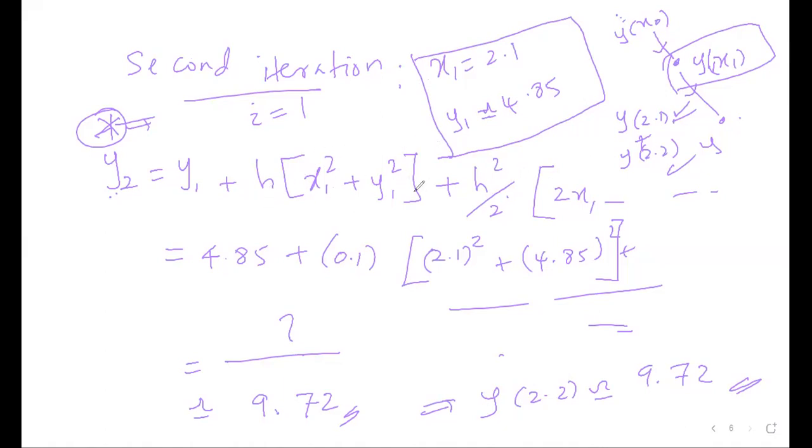So if you type the equation, it will automatically find. Similarly, you can feed x1 is equal to 2.1, y1 is equal to 4.85. It will automatically work. So that trick is your reference. You can find it yourself. If you are interested, you can try it. Otherwise, you will lose some marks on time consuming.